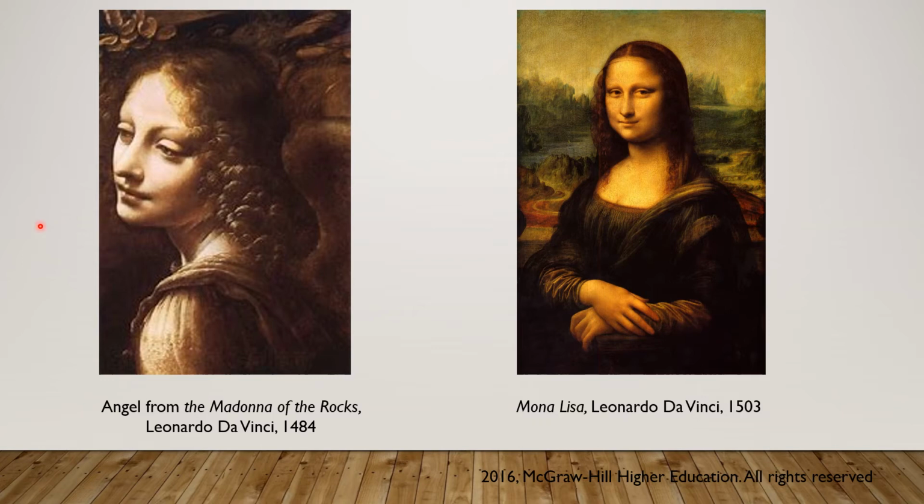But Leonardo da Vinci actually studied anatomy to see how the muscles laid under the skin and those kinds of things in order to create these very, very subtle changes from light to dark.